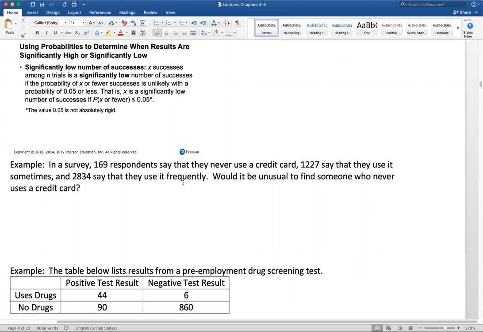Using the classical probability, it's 169 divided by the total number of respondents, which is 169 plus 1227 plus 2834.